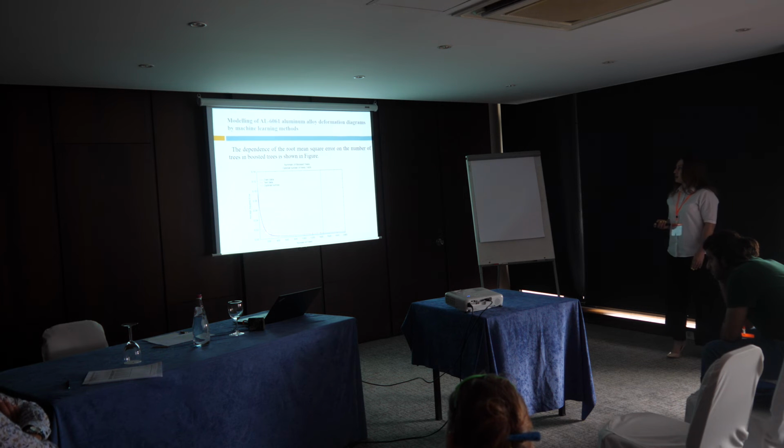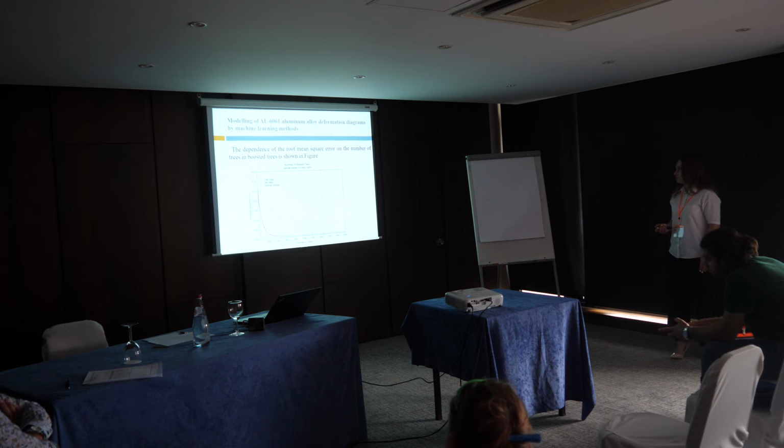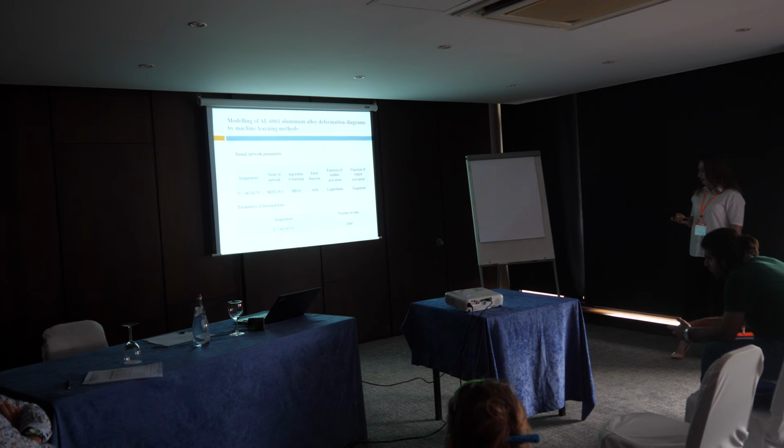In this slide you can see that the error of training data and test data is stabilized when 1,459 trees are constructed. Here you can see the parameters of neural networks and boosted trees. For example, for the network we used multi-layer perceptrons.